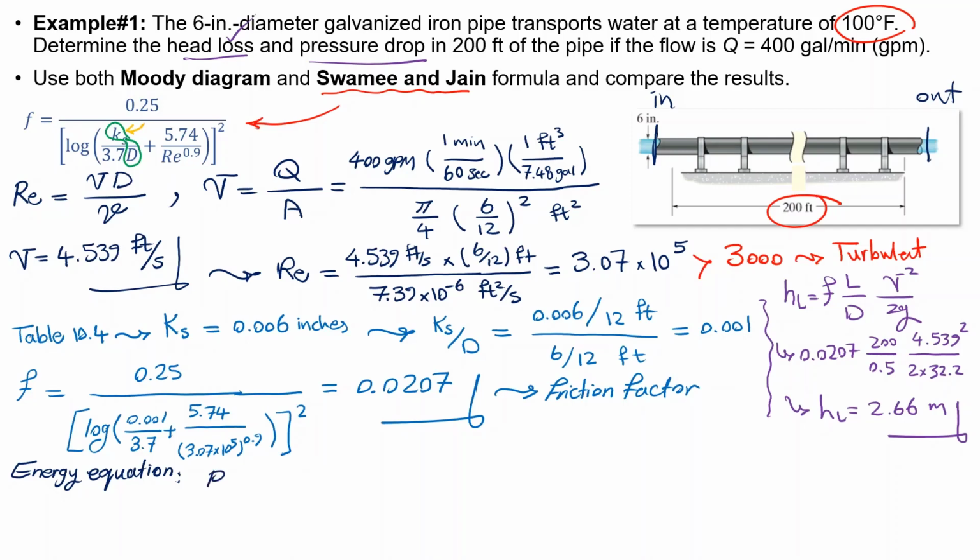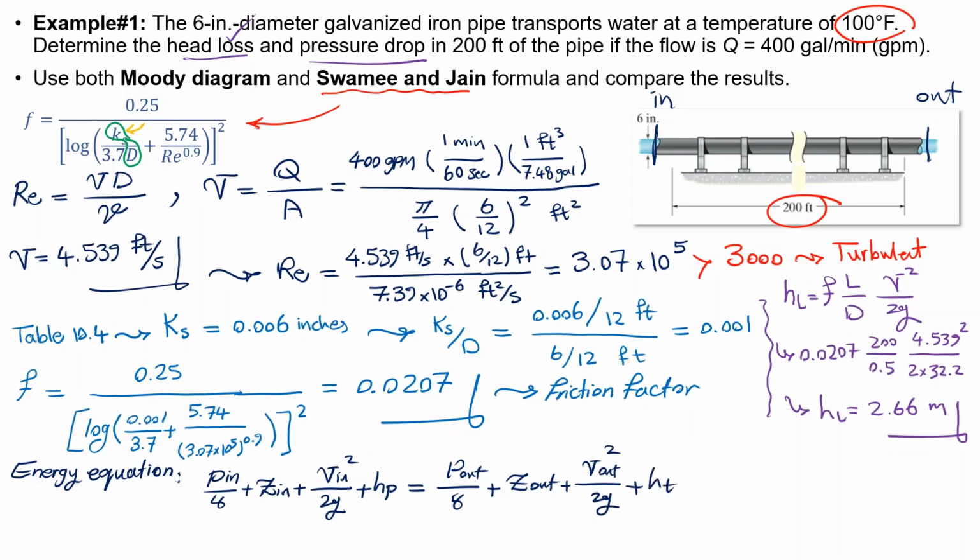So pressure N divided by gamma plus Z N plus velocity N to the power 2 divided by 2G plus HP, which is representative of any pump if we have it in the system. And then the same thing for the outlet, with HL.